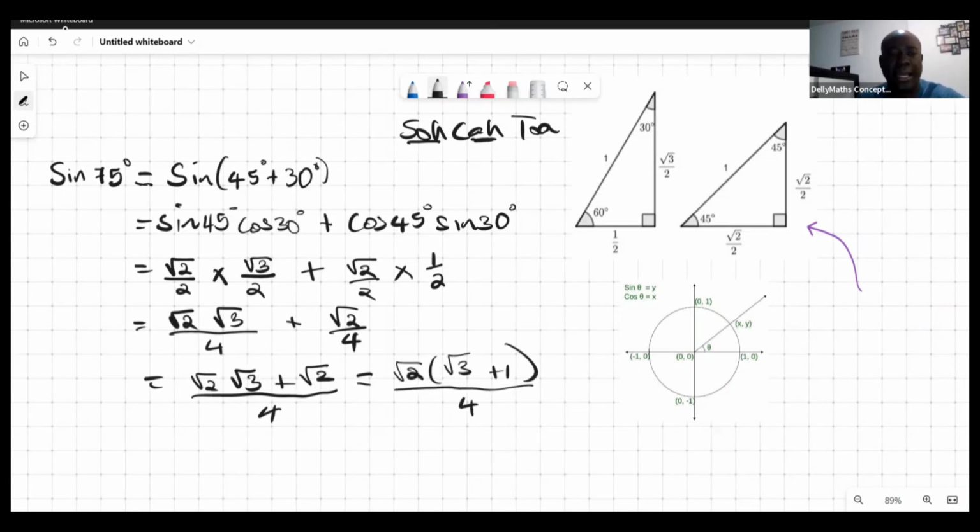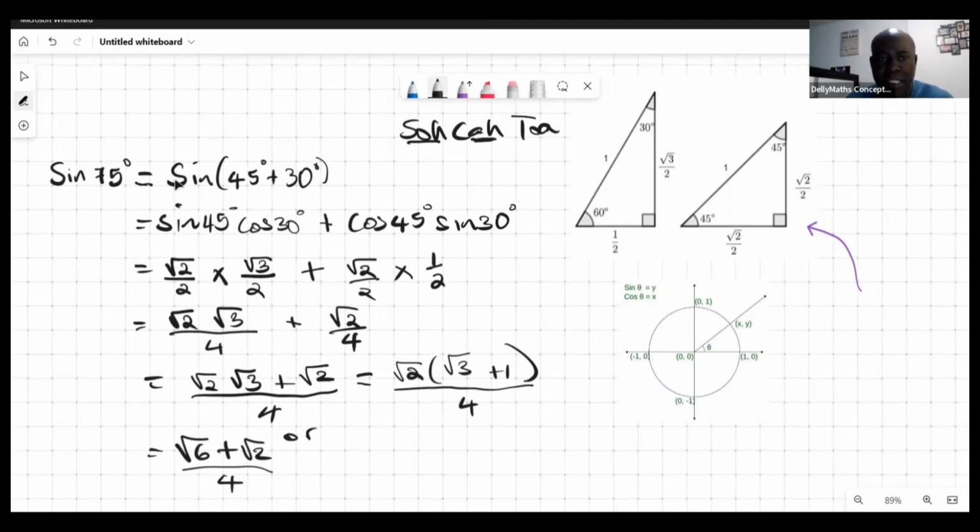So we could represent it like that. Or you could have represented it like this: root 3 times root 2 is the root of 6, plus the root of 2, all over 4. That's another representation. But definitely, we do have the exact value of the sine of 75.